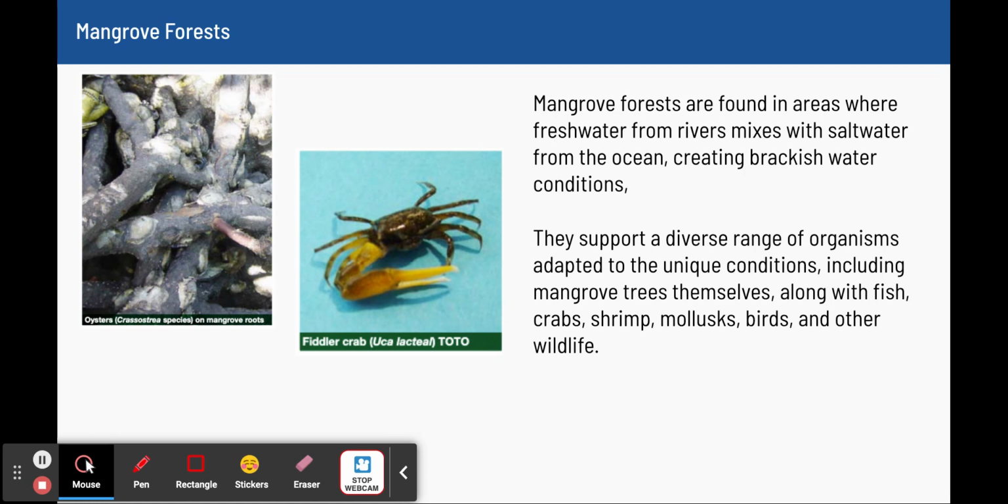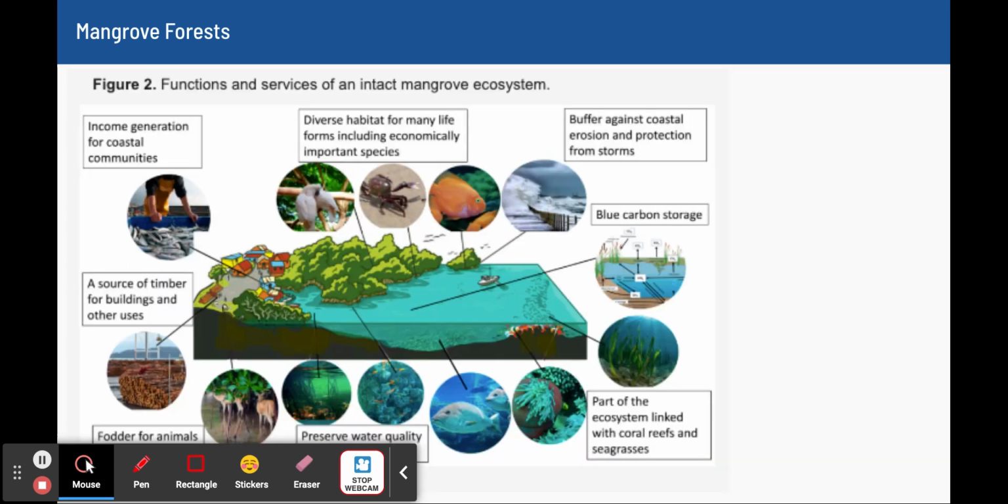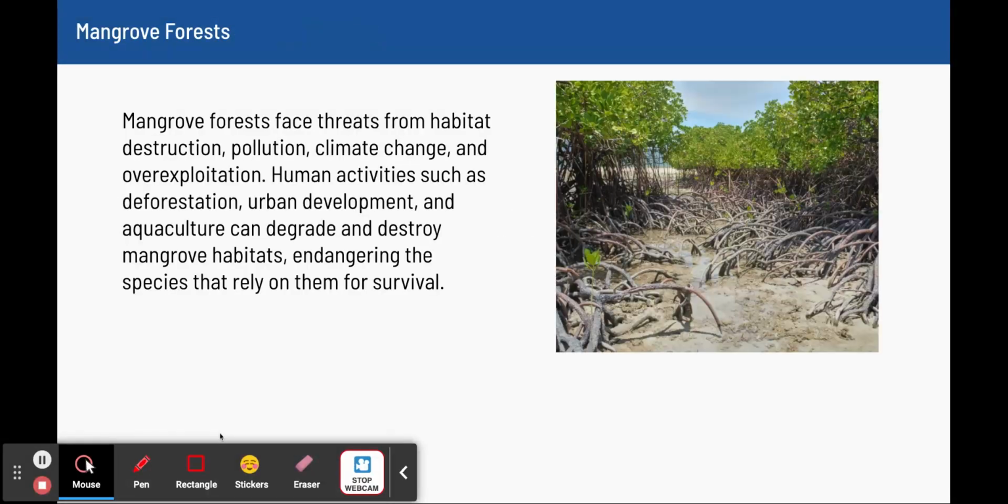They are found in areas where fresh water from rivers mixes with salt water from the ocean. They support a diverse range of organisms adapted to the unique conditions. But they are under siege from deforestation, pollution, and urban development, threatening the very survival of these vital ecosystems. Human activities are endangering these species.